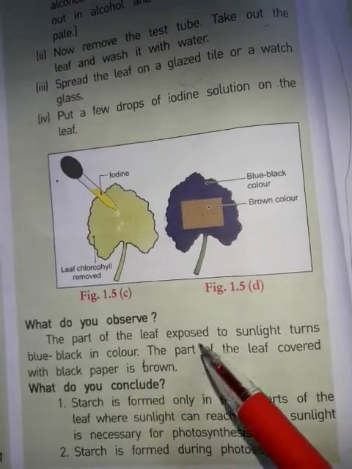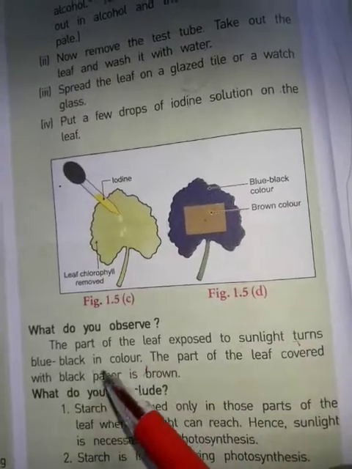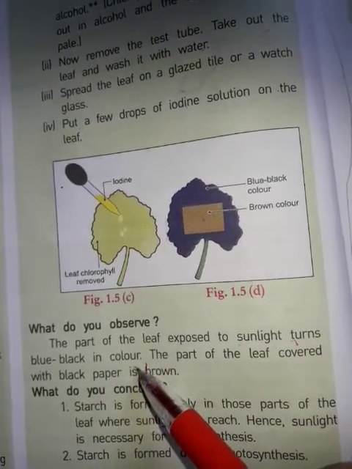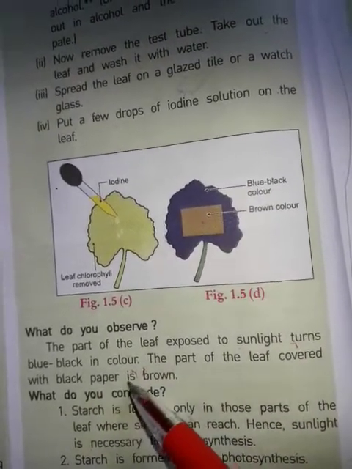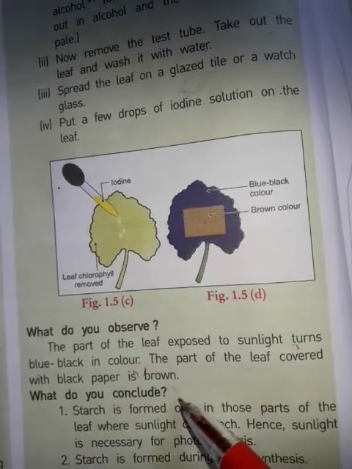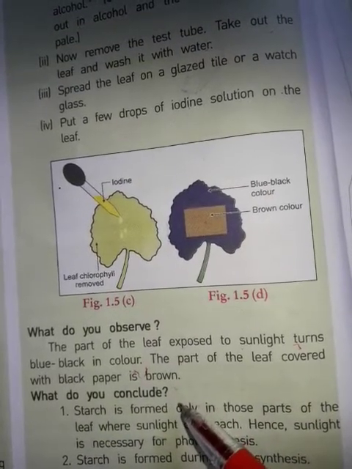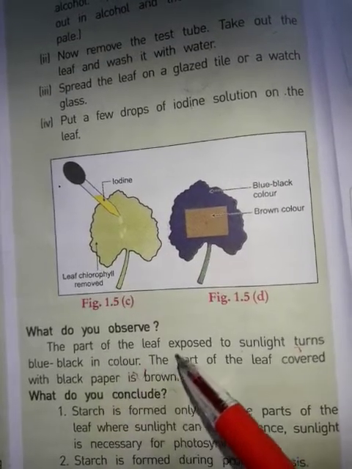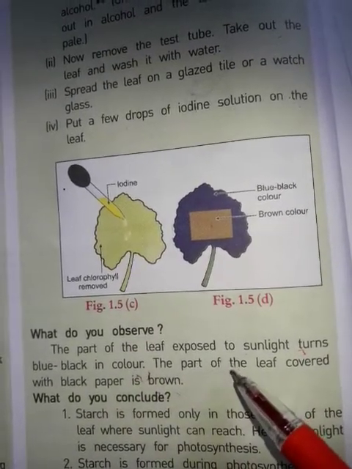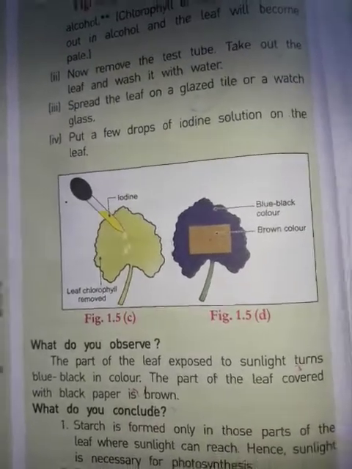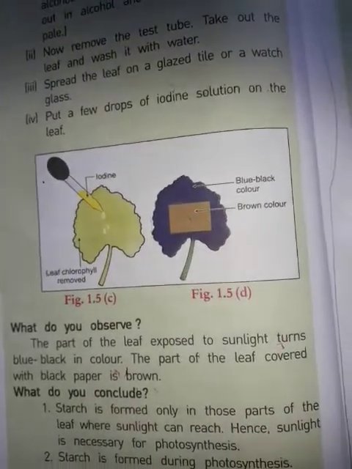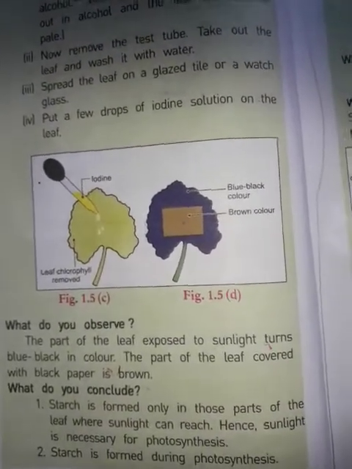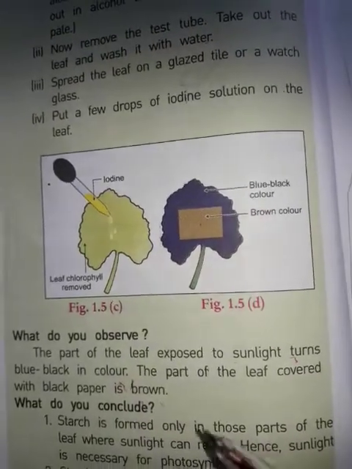The part of the leaf exposed to sunlight turns blue-black in color and the part of the leaf covered with black paper is brown. In this you can see that the part of the leaf exposed to sunlight turns blue-black in color and the part covered with black paper is brown.